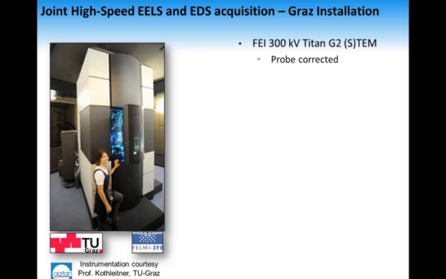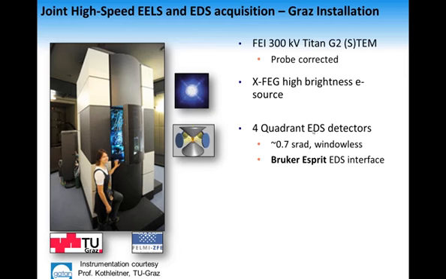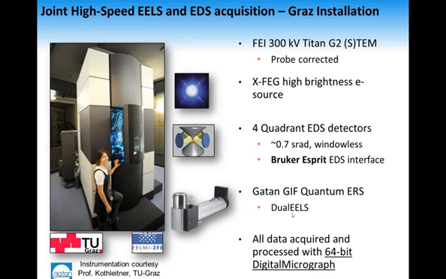All the data in this first section were acquired in Graz, where they have a probe-corrected Titan, 300 kV, with an X-ray 4-quadrant EDS detector and a Bruker EDS interface. EELS data were acquired using the Gatan GIF Quantum in DualEELS mode.